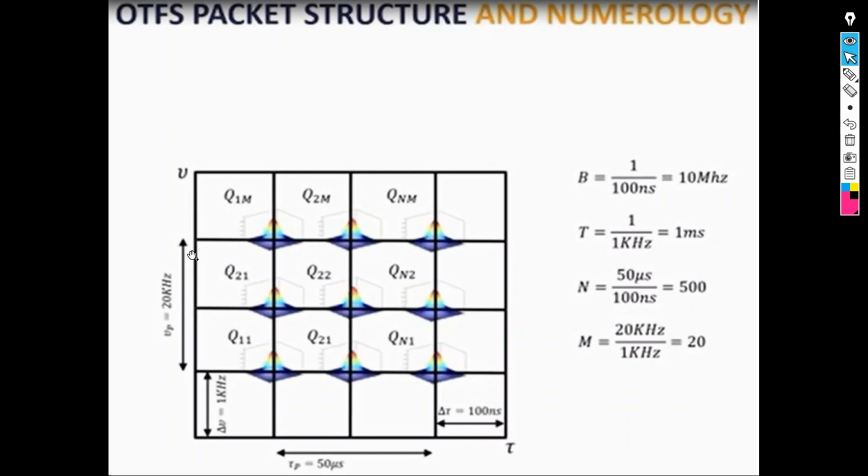And for the other dimension related to Doppler, the total bandwidth that you can use for transmission is around 20 kilohertz, and the Doppler period is 1 kilohertz. So divide them over each other, you get 20 symbols you can transmit along that direction. As you can see, along delay you can transmit more.